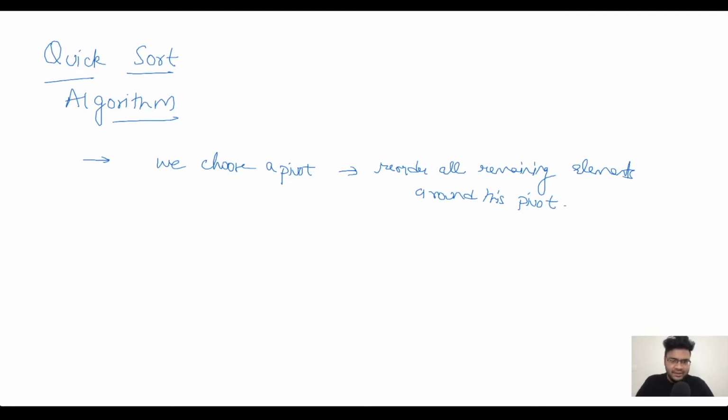Here, if we discuss in terms of divide and conquer, we have three different stages: divide, conquer, and then combine. What we are doing in divide is choosing a pivot and reordering the remaining elements.